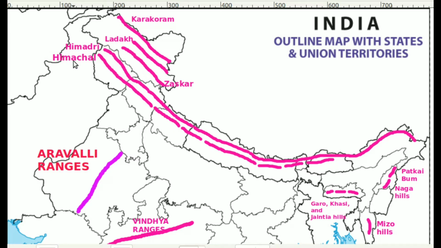And now the third one is Sivalik, also beginning from Jammu.